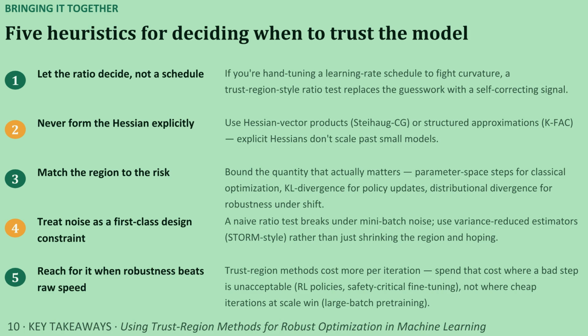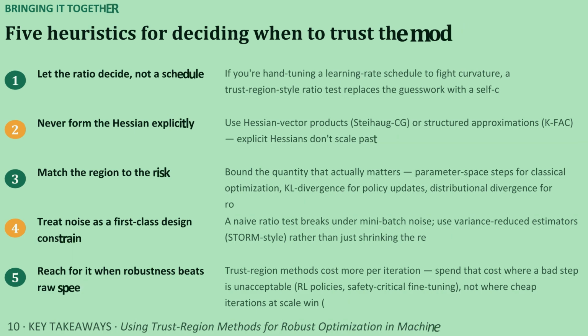Reach for variance-reduced estimators rather than just shrinking the region and hoping for the best. 5. Reach for trust region methods when robustness beats raw speed. They cost more per iteration, so spend that cost where a bad step is genuinely unacceptable: reinforcement learning policies, safety-critical fine-tuning, and lean on cheaper first-order methods where iteration throughput at scale is what wins.